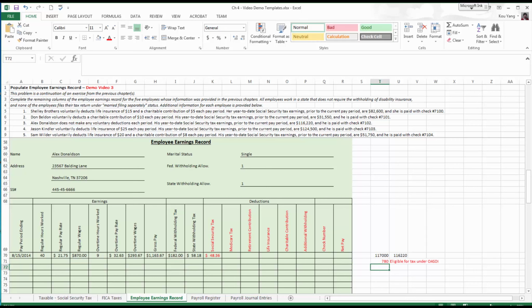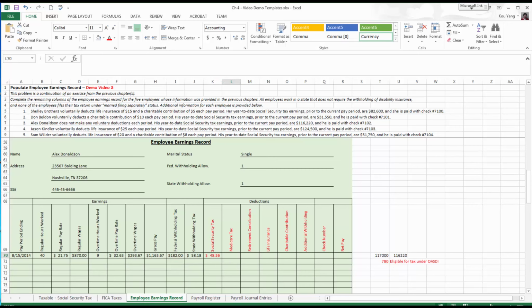Or you can just take 780 times 0.062 to get $48.36 and then just enter that in. That's perfectly fine. Like I said, I'm just entering in the formulas of how I know how to do, and it's not required that you do it. This is my short version of doing it. You can do it the other way if you wanted to.